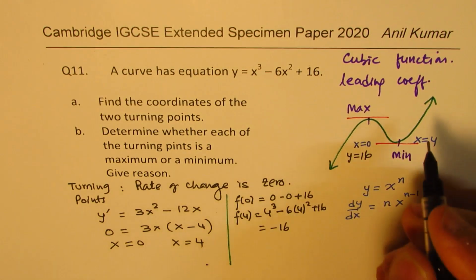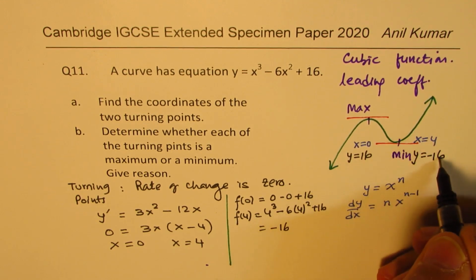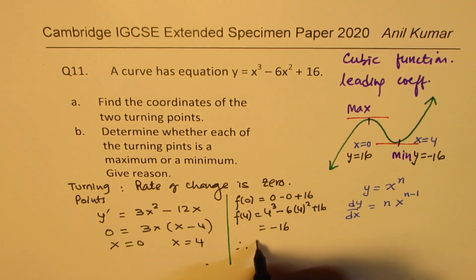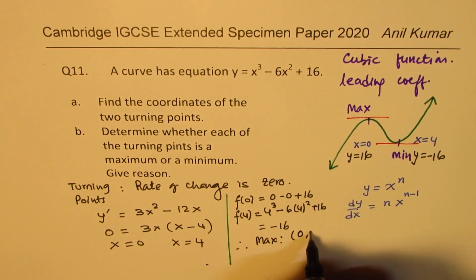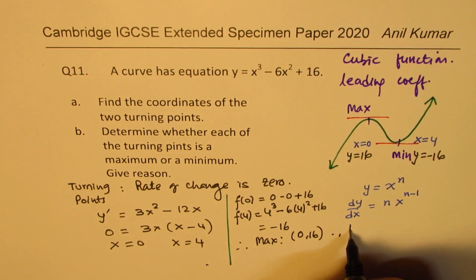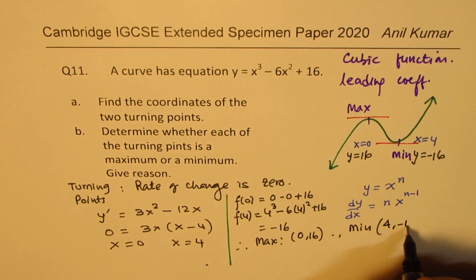So at this point, x equals 4, we get y equals minus 16, which is the minimum, right? Therefore, we have a maximum at the first turning point, which is at (0, 16), and we have a minimum at the second turning point, which is (4, -16).